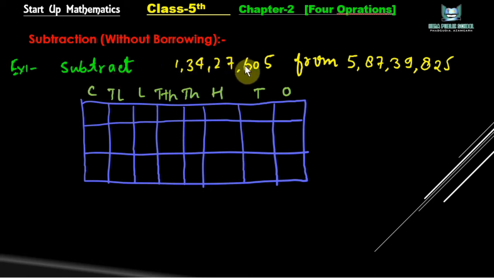Example 1 is subtract 1,34,27,605 from 5,87,39,825. This number is minuend and this number is subtrahend.